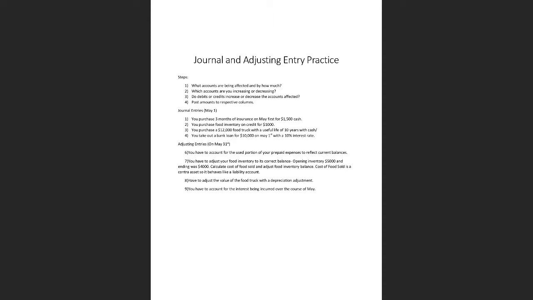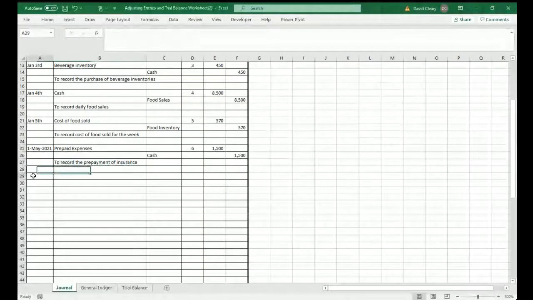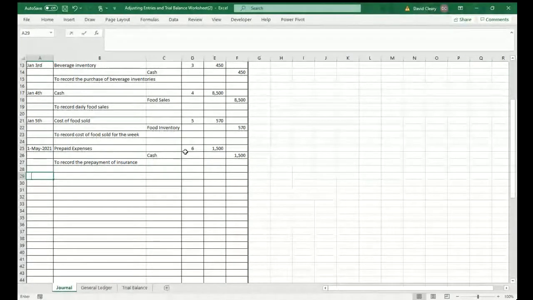Okay, maybe it'll be better if I just, it should be accounts payable. Yes, it should be accounts payable. So I'm just going to share my screen here. I'm going to put that in quickly. There we go. So again, May 1st. Food inventory.